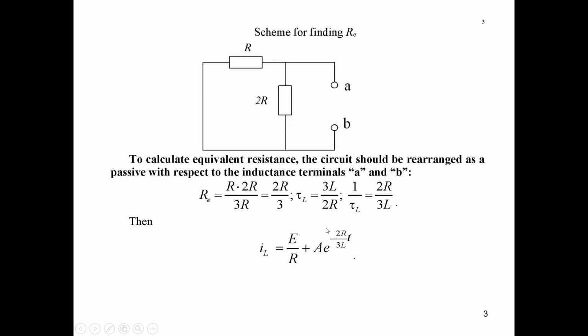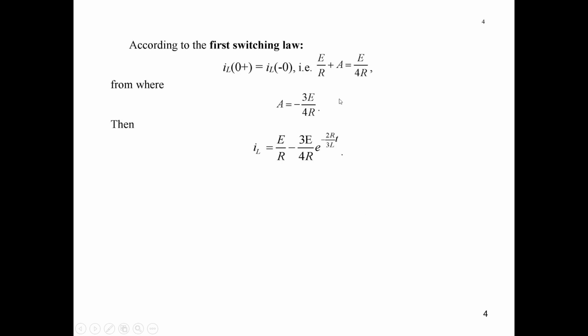So at t equal to 0, this exponent will be equal to 1. So it will be E over R plus A. It is here. From this equation, we can easily determine A. It will be minus 3/4 of E over R.